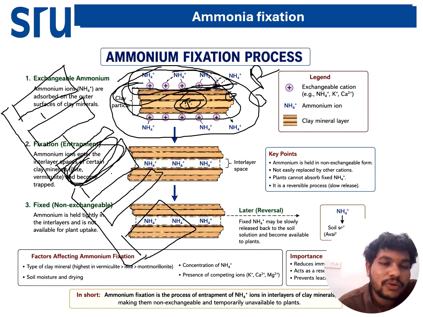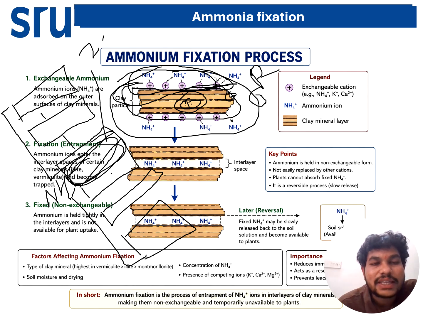So this OH bond will allow only NH4 and K, because of the opening of this space, and the size of this space is nearly 2.68 angstrom, or 2.8 angstrom.